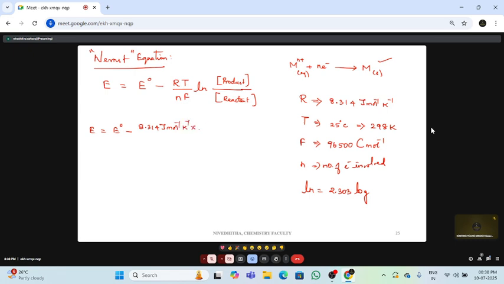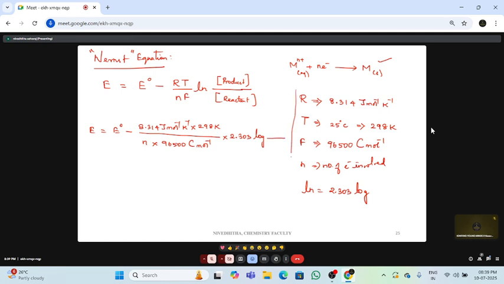And what is the temperature, Kana? 298 Kelvin divided by n into, what is the value of F? 96,500 coulomb per mole. And I'm going to convert this ln into log, which is 2.303 log.